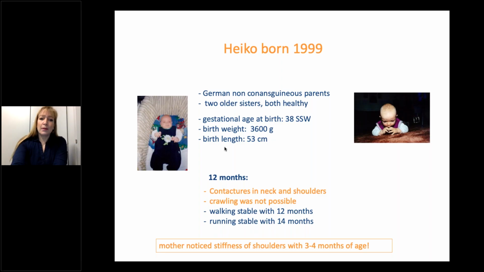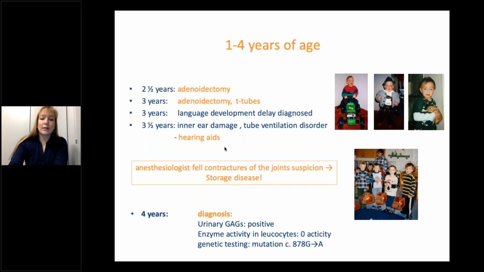In other developmental milestones he reached in time without problems. With 2.5 years and 3 years, he had twice adenoidectomy and T-tubes. With 3 years, developmental delay in language was diagnosed. And at the age of 3.5 years, an inner ear damage was diagnosed. He needed ventilation tubes again and hearing aids.